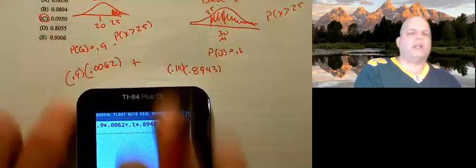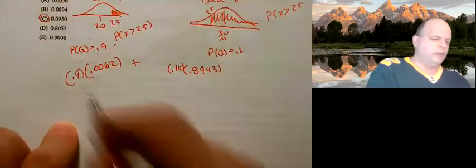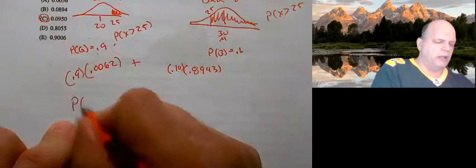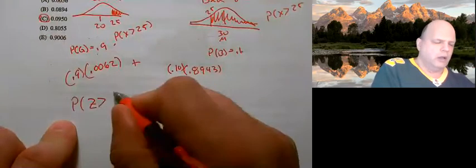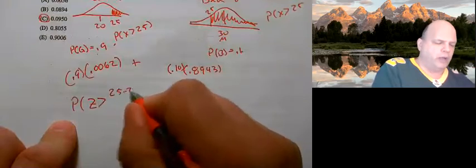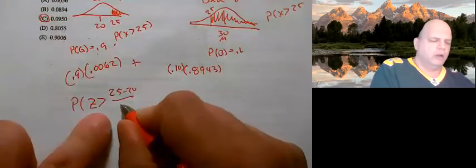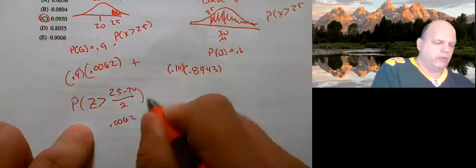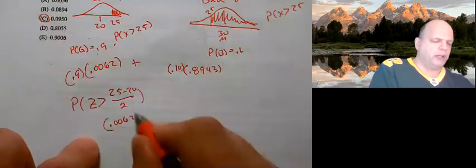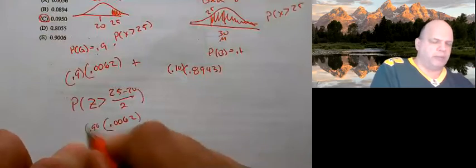Now what's important here is basically I did the probability that Z was greater than 25 minus 20 over 2, and I got 0.0062. That was my answer. But there's only a 90% chance that that would happen.